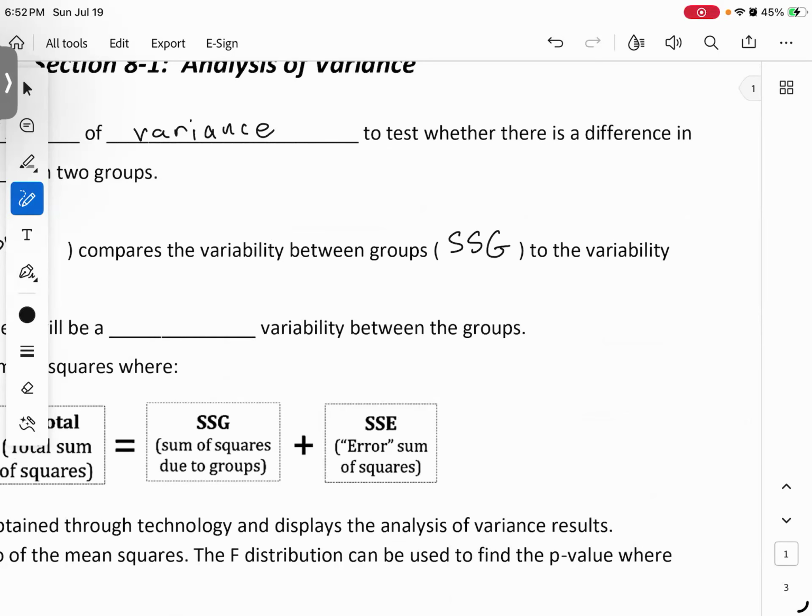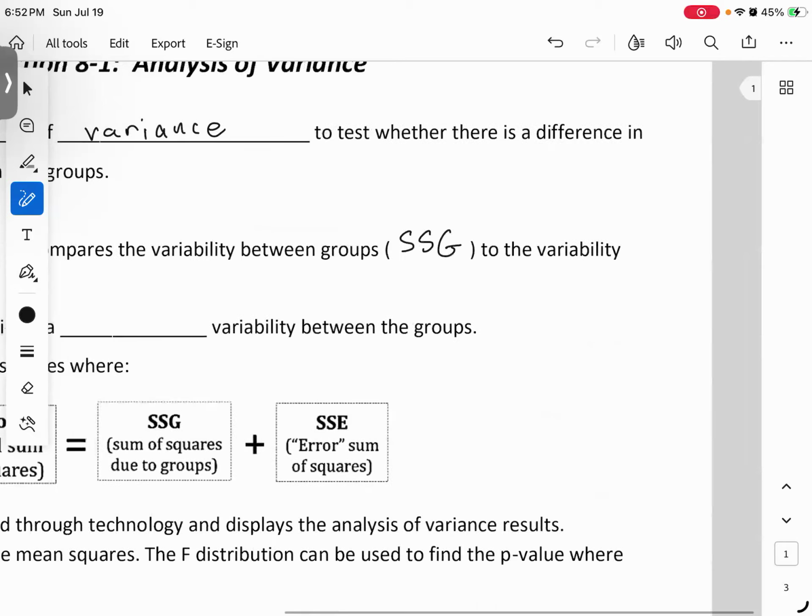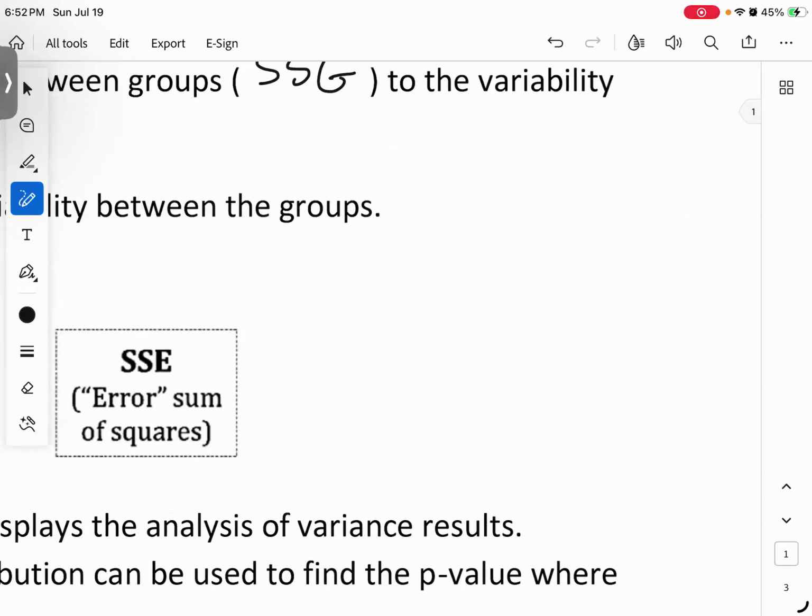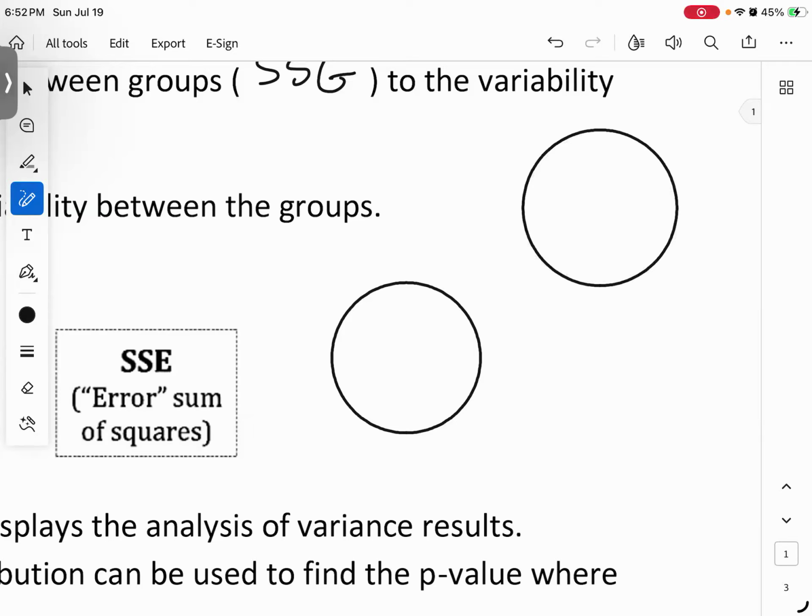If there's any conceptual idea that I want you to have behind what SSG and SSE are, just right here in this little pocket of white space, let's do three little circles that are meant to represent group one, group two, and group three, which is what section 8.1 is all about. If you have two or more groups and you're working with averages and whether one of the averages is different than the other two groups.